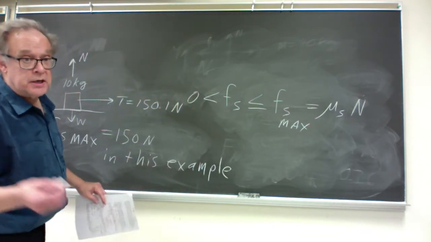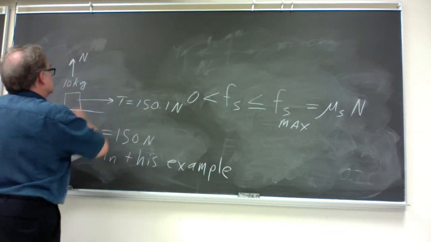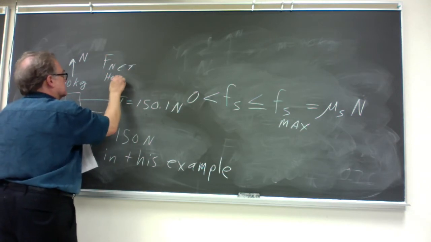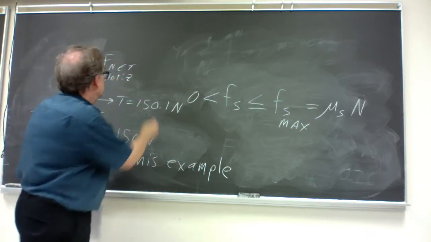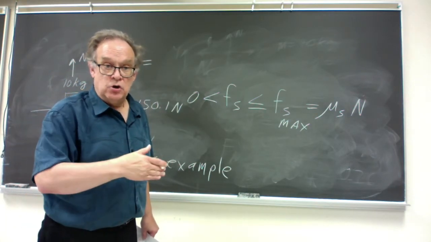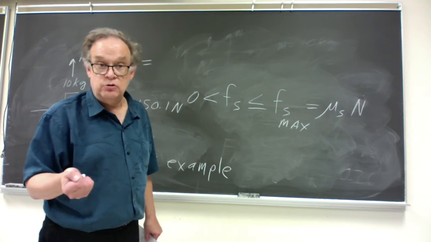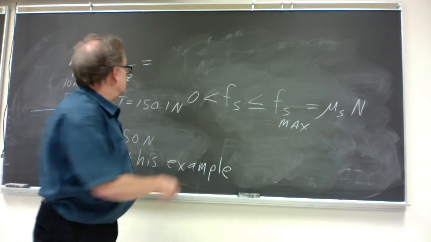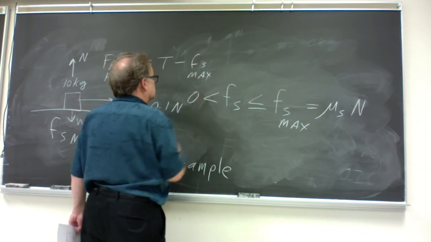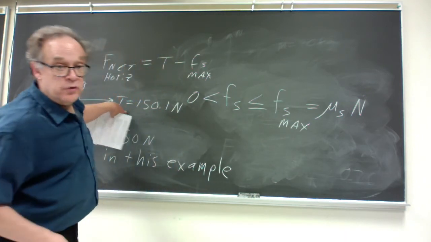Well, use Newton's second law as always. And we'll say that the net force horizontally is just all the forward force, my tension, minus all the backwards force, which will be the maximum possible value of static friction. I'm pulling now just barely hard enough to overcome static friction. And of course, tension, now I'm pulling with 150.1 newtons.